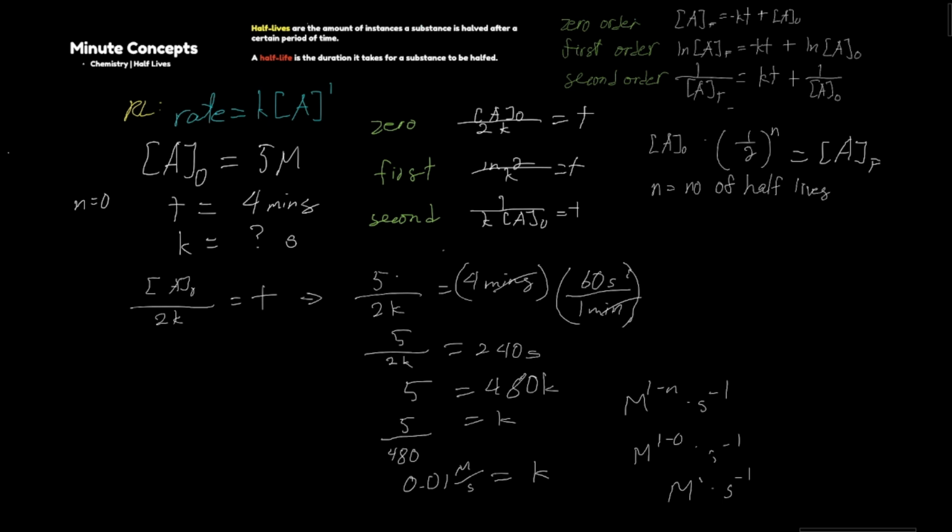I highly suggest you try to derive it yourselves as well to get to the equations that we used here. That would really improve your understanding of the equation. We manipulate the half-life equations based on the given so that we can solve for either the time or rate constant. And that wraps it up.